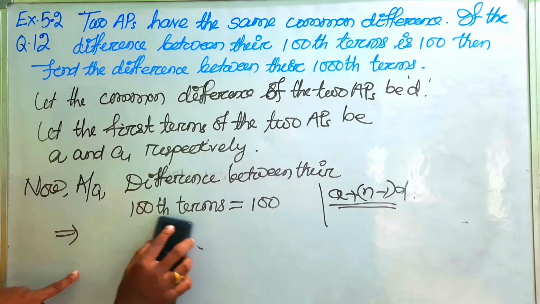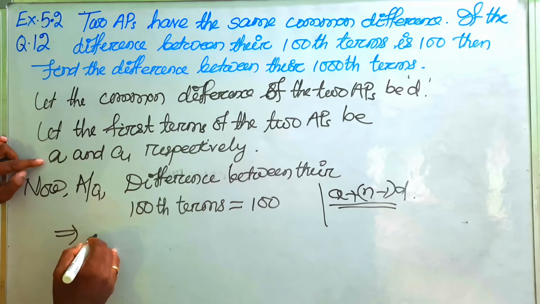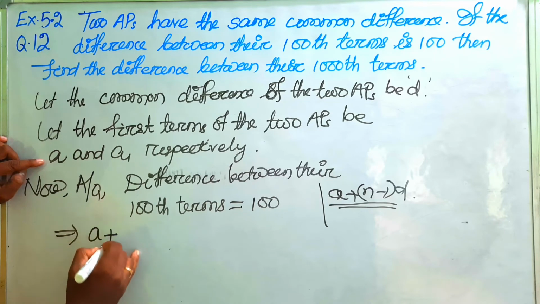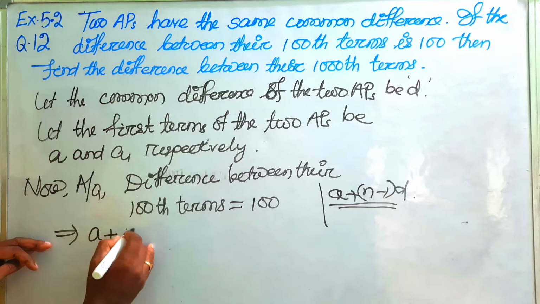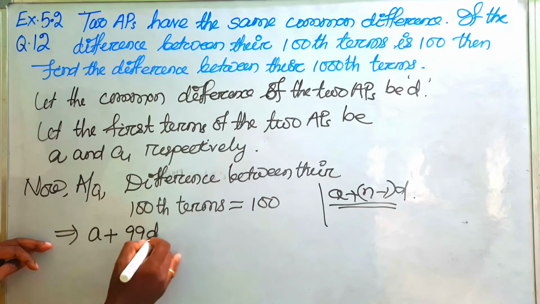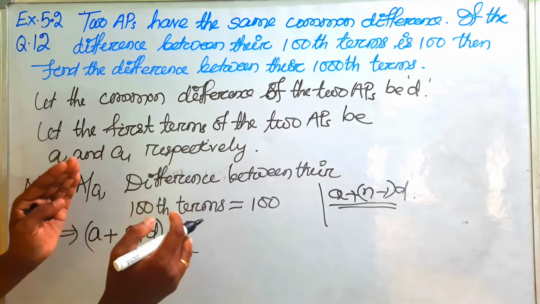The 100th term will be A, the first term, plus 100 minus 1, that is 99D. Then the 100th term of the second AP.